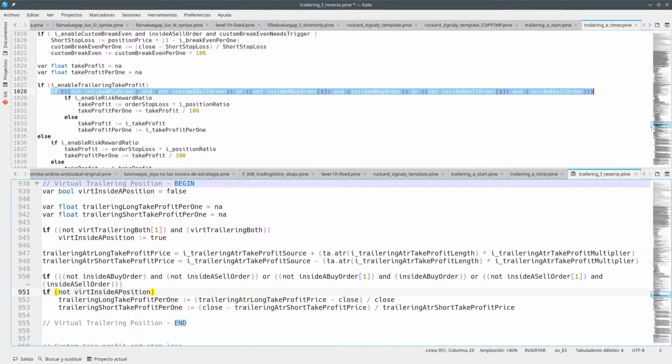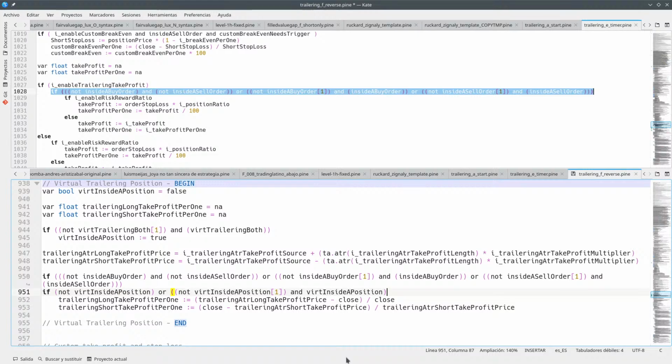If you're not in a position or you are about to get into a position, yeah, so that means not inside a position, and now we are inside that position, so that means current one, and this is true.